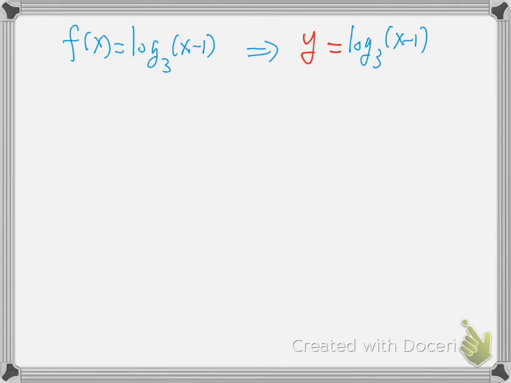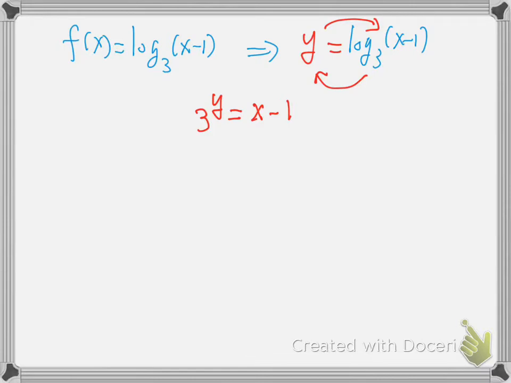It's very hard to evaluate log. That's why we change this log form to exponential form by looking at this clockwise. So this means 3 to the y's power is x minus 1.